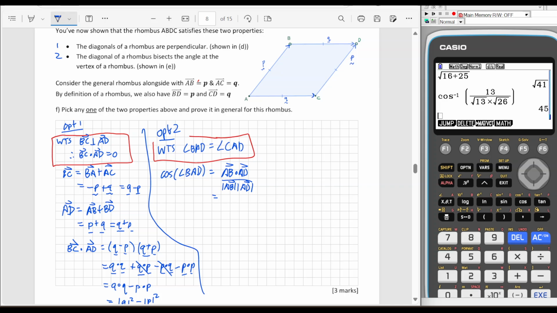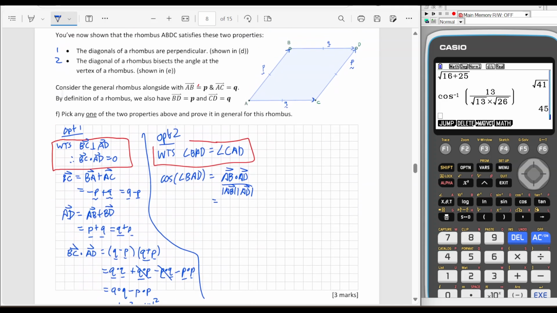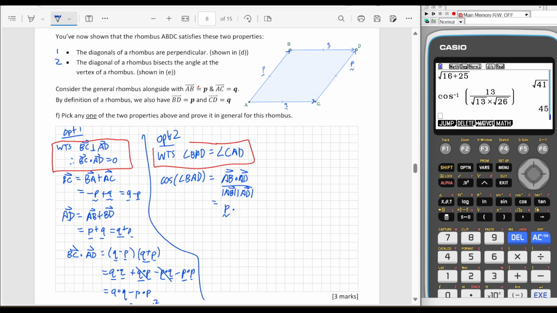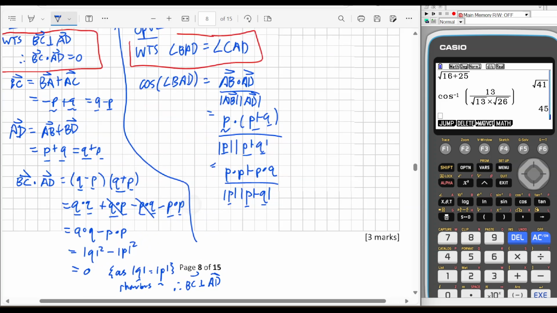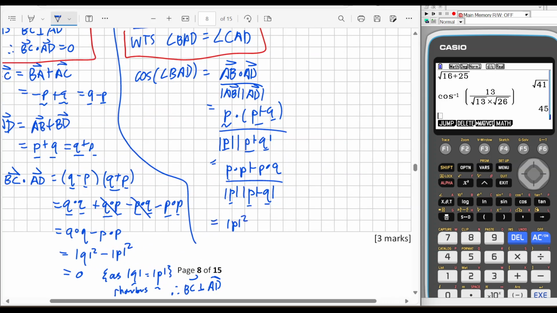So we actually worked out what these were before, I think. Well, AB is P anyway, dotted with, and AD is P plus Q. Over, mod AB is mod P, and that's mod P plus Q. We can FOIL out the top, so that's P dot P plus P dot Q. And then that's mod P plus Q on the bottom. And then the top, P dot P just becomes mod P squared. That's a property of dot products. Mod P plus Q. All right.